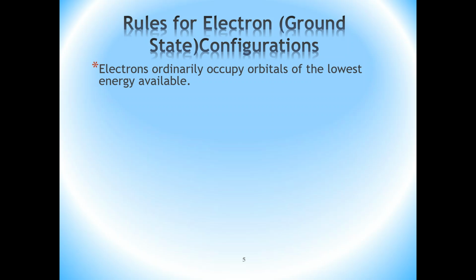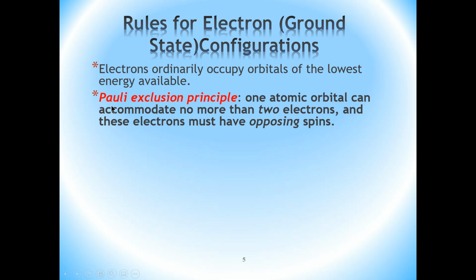All right. So the first rule for determining the electron configuration of an atom is that electrons will ordinarily occupy the orbitals of lowest energy available. So basically, the electrons will simply try to be placed into the lowest energy orbital in the ground state.